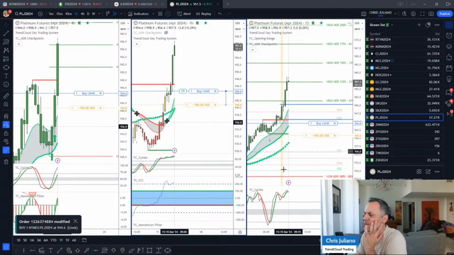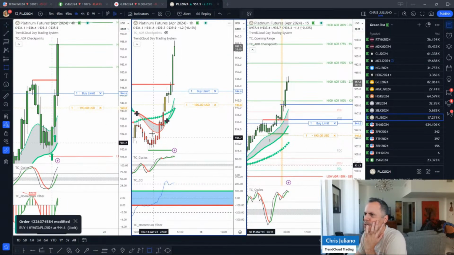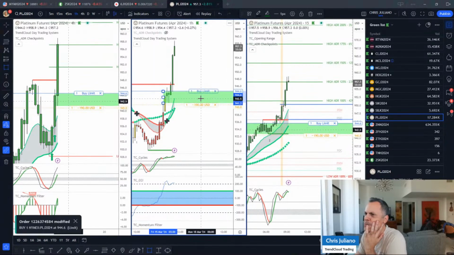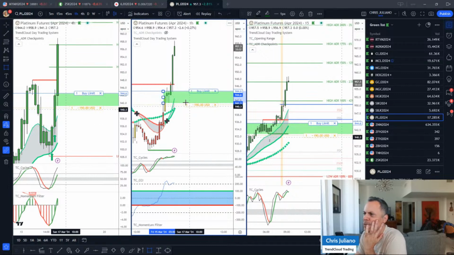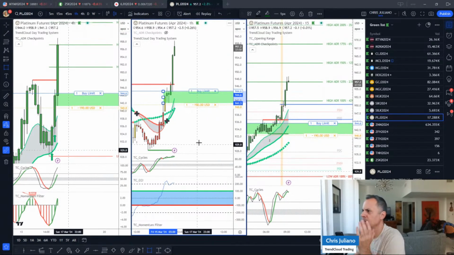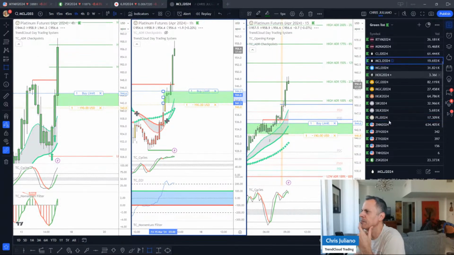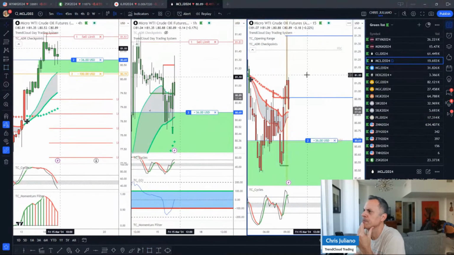Take a look at this, guys, right here. Here's the demand zone on the 1 hour chart on Platinum. You've got that trend cloud component. You've got a ton of momentum. Maybe this takes place tonight or maybe tomorrow, right? At least we have it set up like we did with the crude oil trade, right?